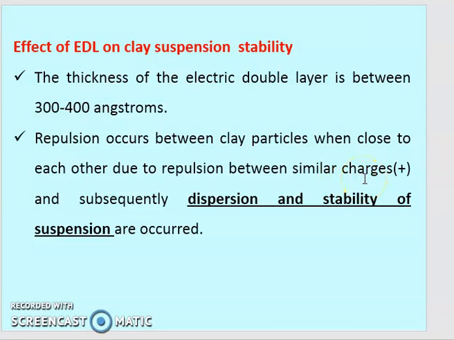You know that the particle has a negative charge, and it is surrounded by cations with a positive charge.